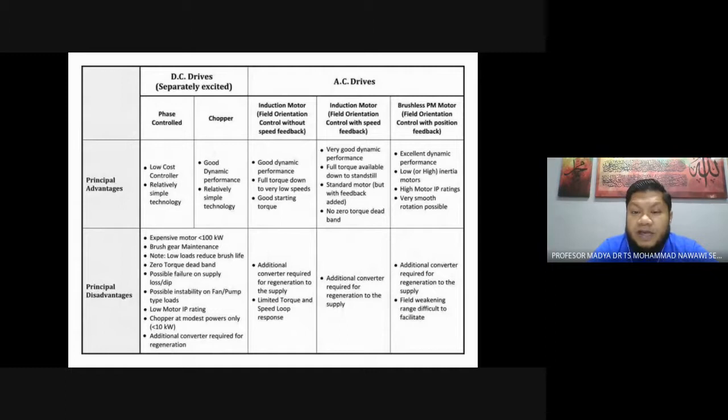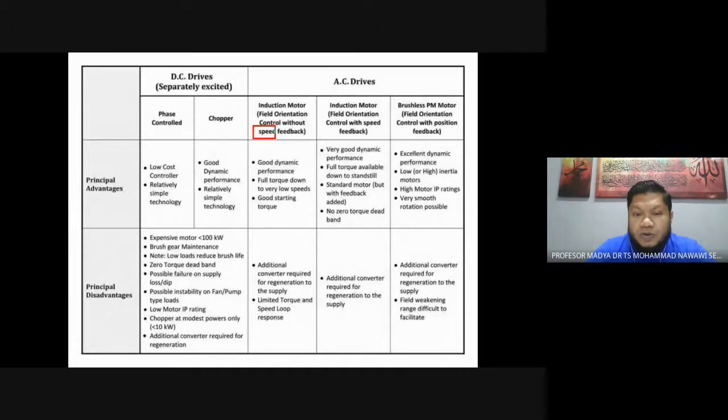Okay, and for AC drive, you can read that. You can have an induction motor. There are three types of motor there: induction motor field orientation control without a speed feedback, with speed feedback, and position feedback. The sensing parameter can be speed or position.